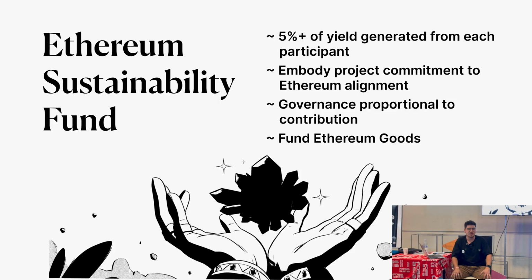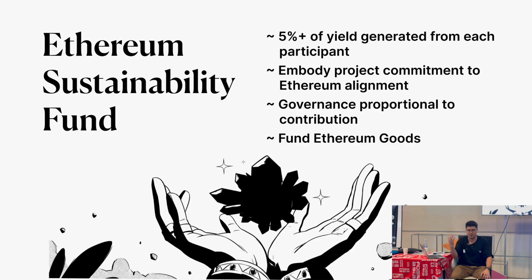At the same time, this is something we want to encourage internally: anyone who uses Octant, maybe suggest them to donate at least 5% of the yield that they generate to embody alignment towards Ethereum, and make sure to solve the problem of funding Ethereum goods. And the governance of this Ethereum sustainability fund would be proportional to the amount that's contributed.